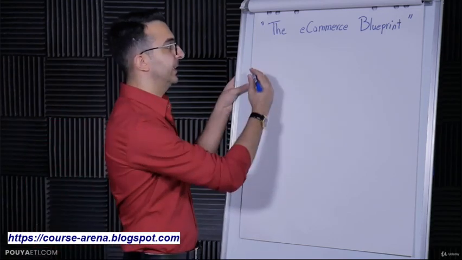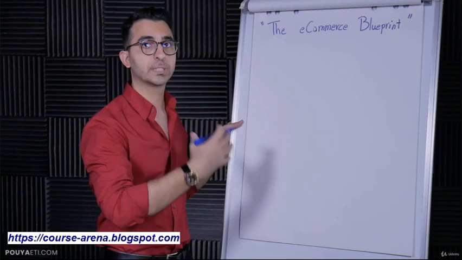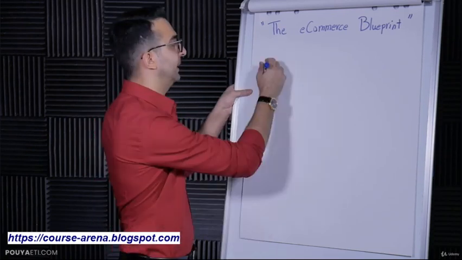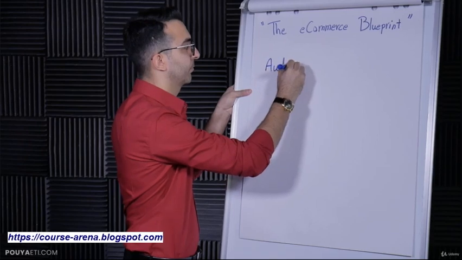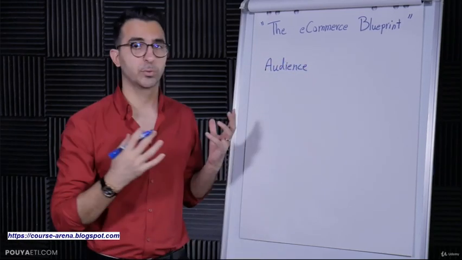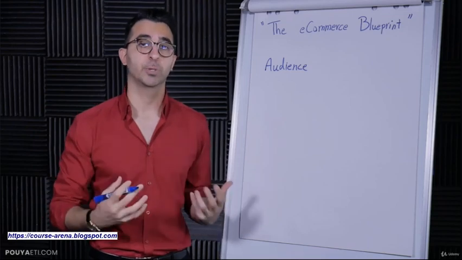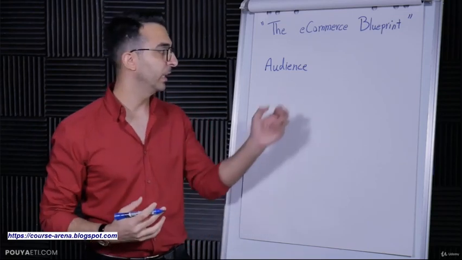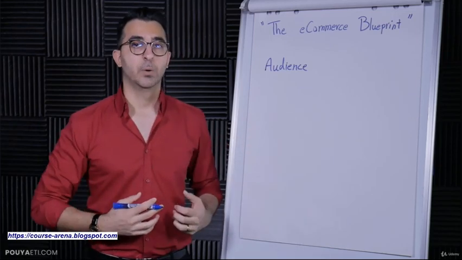The first thing that we need to consider, and as we go forward along the course we will learn more about that, is audience. Okay, so the very first thing that we need to learn more about if you want to sell a product or a service online is the audience that we want to target.